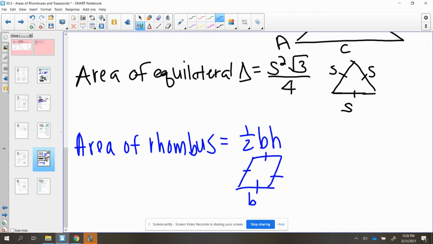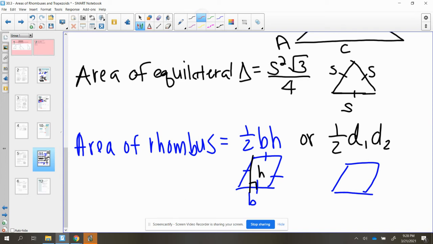Its base just also happens to be the same all the way around. And then, of course, the height again is where it's perpendicular. Or we can do 1/2 diagonal 1 times diagonal 2. So we would have our picture like this. We would have diagonal 1 and then the length of diagonal 2.